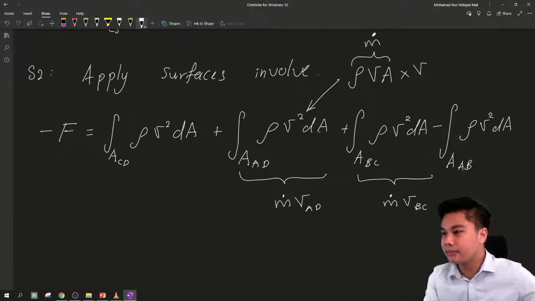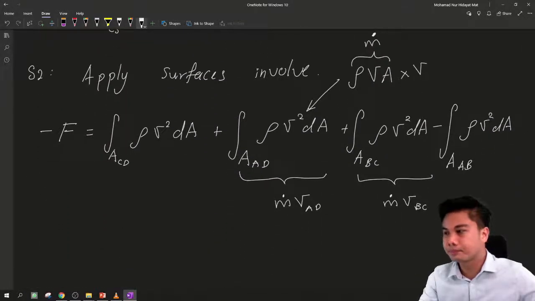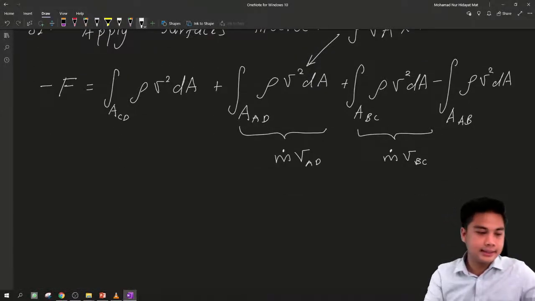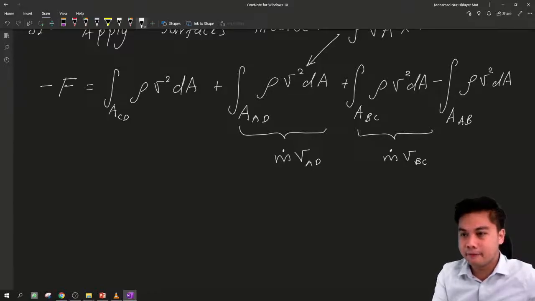The velocity across AD and BC we know is 30 meters per second because it is given here. Thus, in this case, we can simplify further.